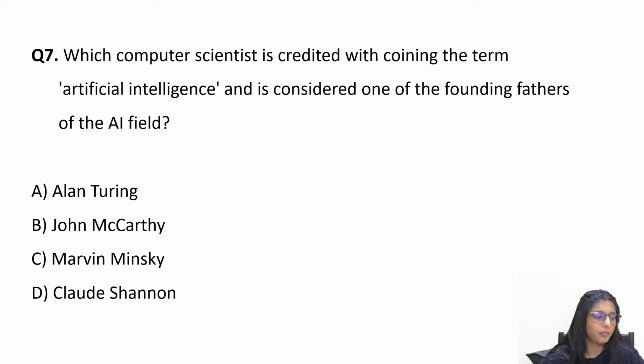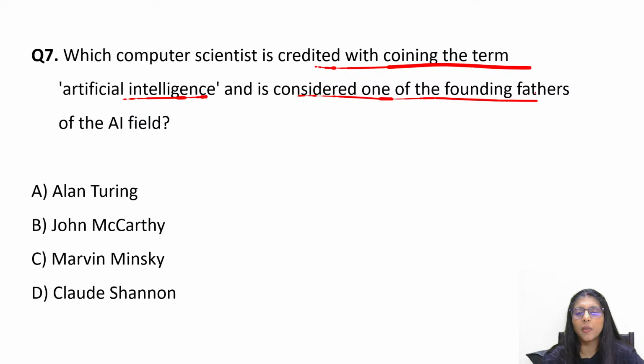Which computer scientist is credited with coining the term artificial intelligence and is considered one of the founding fathers of the AI field?